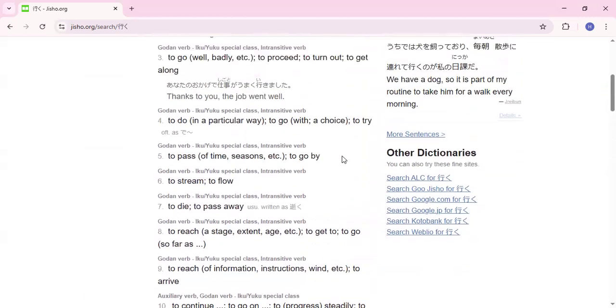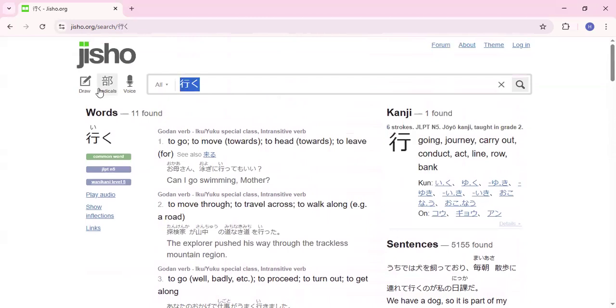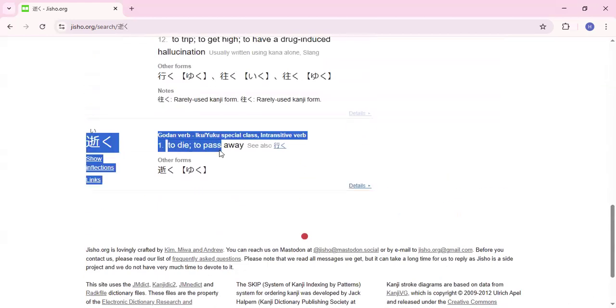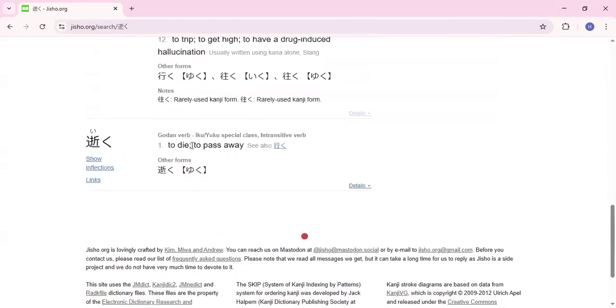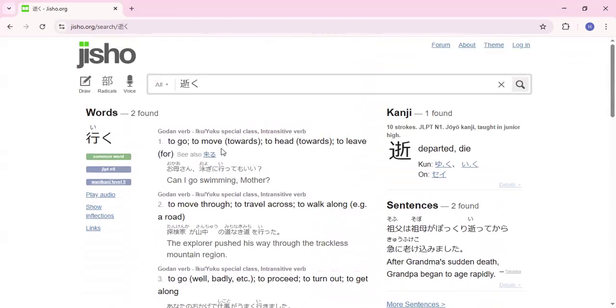And then we also already, of course, have this one, which means to pass away, right? Here you can see they give it. This is to pass away. And what I really like is they have slang, and they also have newspaper language.